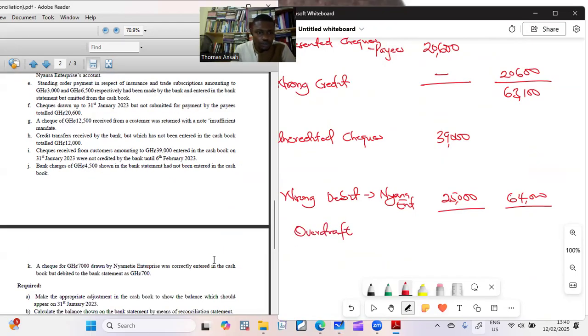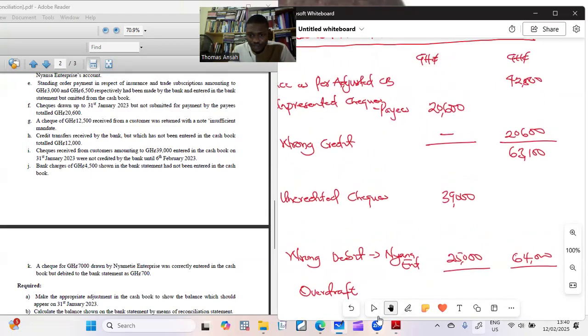Or is there some? Oh, there is an entry down here. So the check of 7,000 drawn by Nyametie was correctly entered into the cash book, okay, but debited into the bank statement as 700. So there is actually a wrong credit. So basically, that will help.